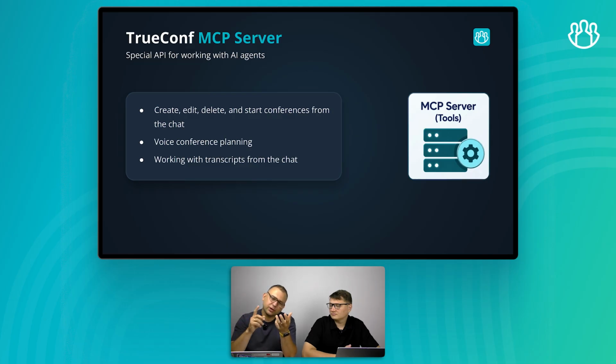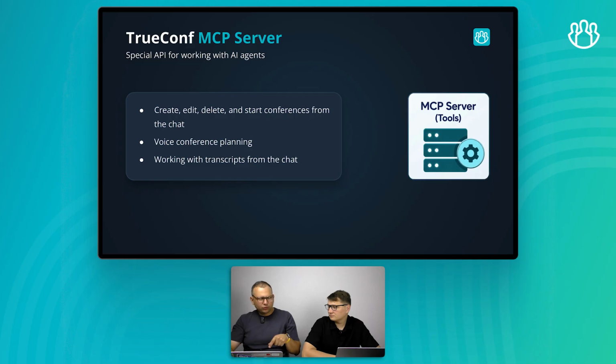For example, we can create a conference on a specific date with a specific layout for specific participants and enable recording, in a single, very easy English sentence, which can be understood by AI and converted into a list of calls of different tools, which will create a conference for us, set up a layout, add participants, etc. Totally transparent for the user. So MCP is the AI interface, while the API is for programs.